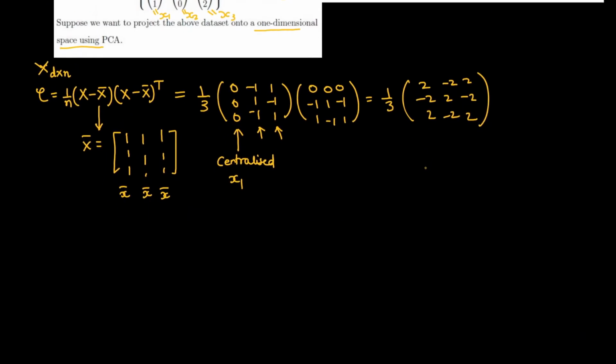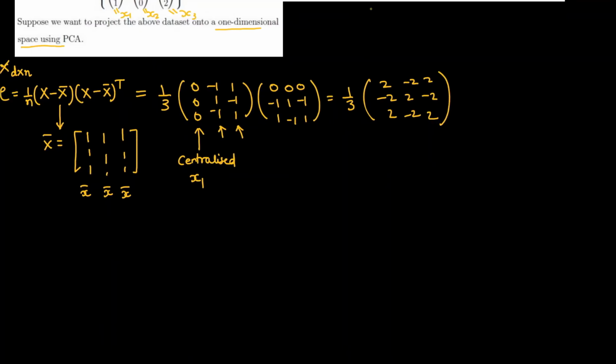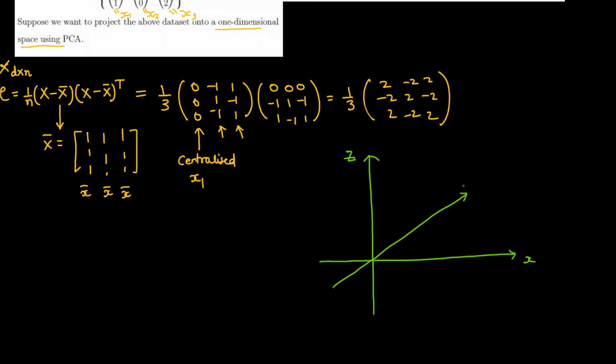Okay, now let's do a quick geometric interpretation of these centered data points, right? So let me say this is the z-axis, this is the x-axis, and this is the y-axis, right? So let me write z here, x here, and y here. Now the centralized x1 is actually sitting at the origin, right? What about the centralized x2?